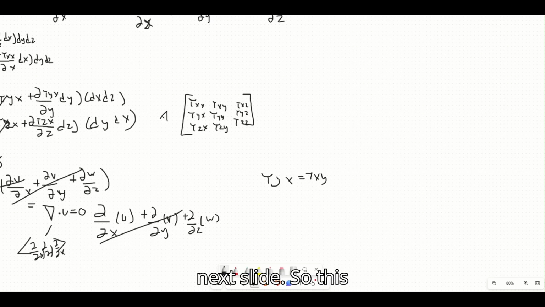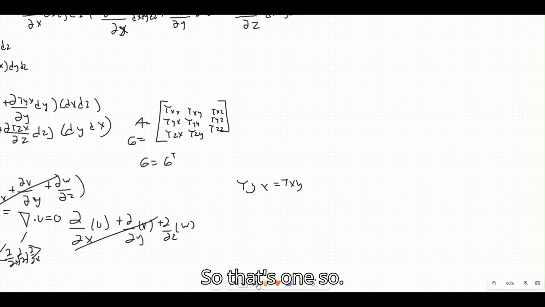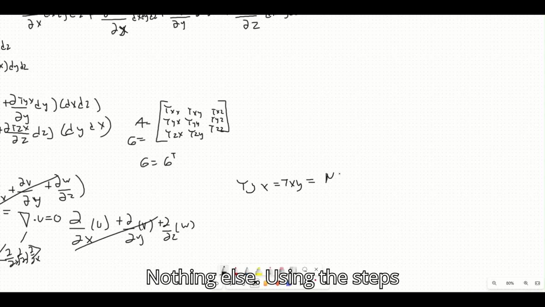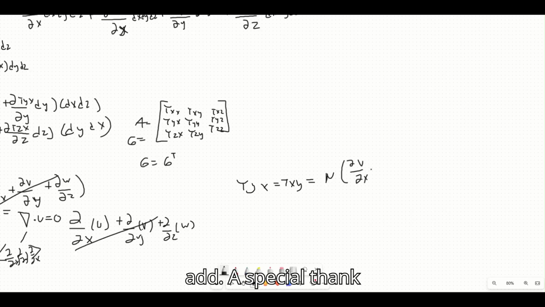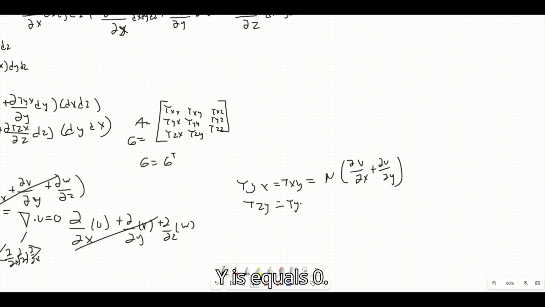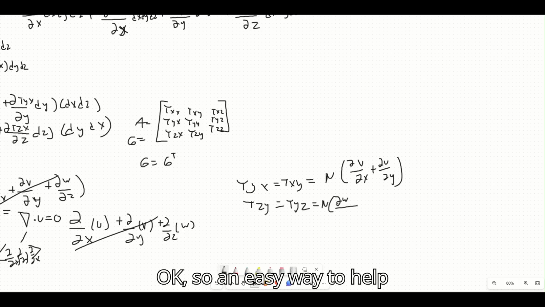So this matrix A, the stress matrix, is symmetrical, or it's equal to itself transposed. So the formula for this using the Stokes hypothesis is mu times partial dv over dx plus partial du over dy, and zy is equal to yz is equal to mu times dw over dy plus dv over dz.